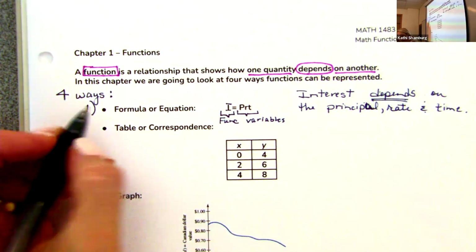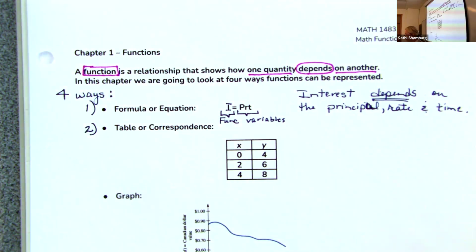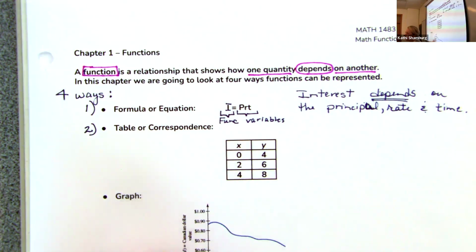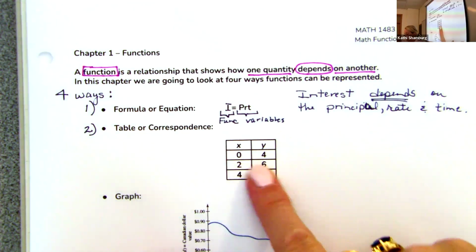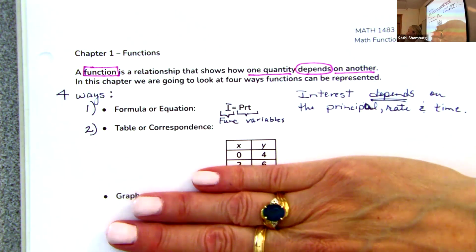Okay. All right. Second way we can look at a function is with a table, also known as correspondence. So this is an XY table. I'm sure at some point in your math background, you probably did one of those. Notice we have pairs. Does anybody know what that 0 and that 4 is? It's a pair.